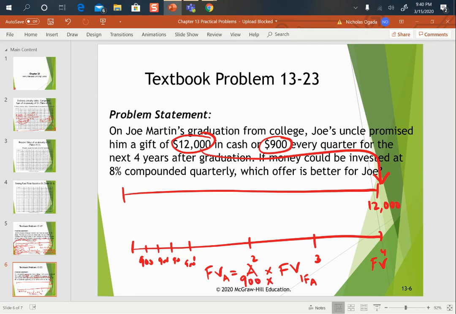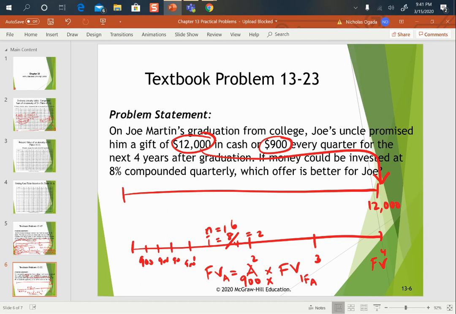Here we talk about 4 years, and we have four periods in a year, so we're talking about 16 periods. So our N is 16, and our rate, our I, is 8% per year, but this is per quarter, so per period we're talking of 2%. So N is 16 and I is 2.